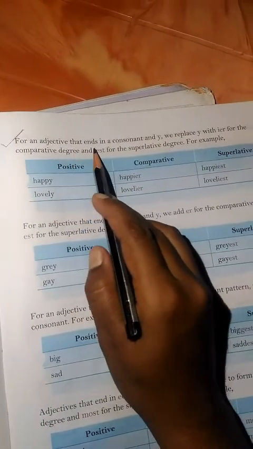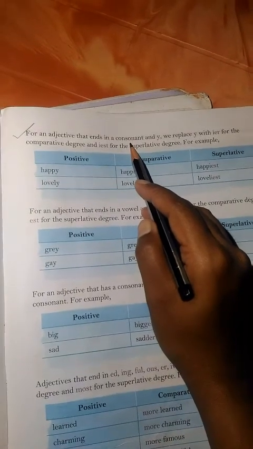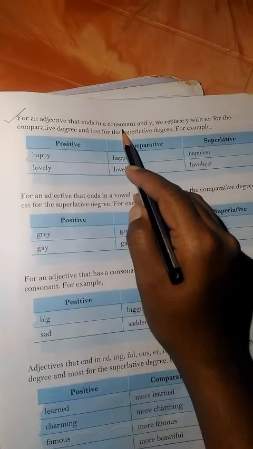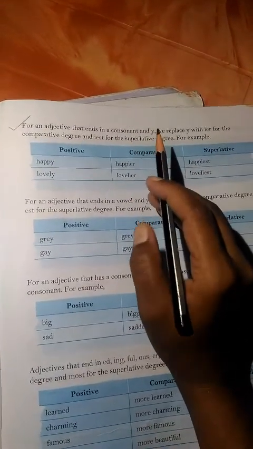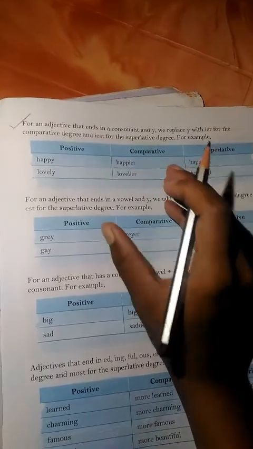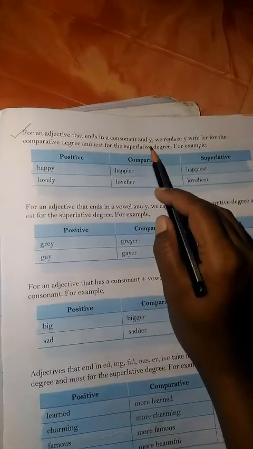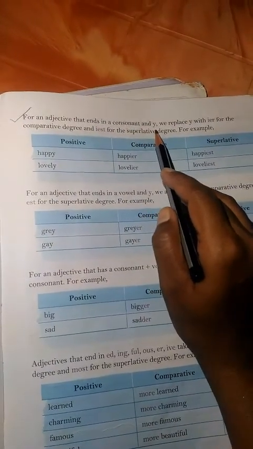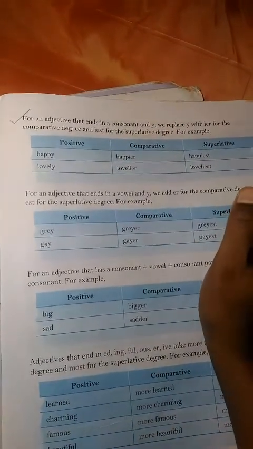For an adjective that ends in a consonant and Y. Consonant means apart from the five vowel sounds A, E, I, O, U, all the other letters are consonants.